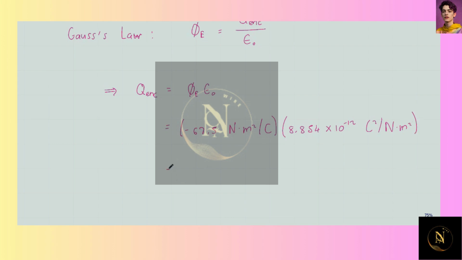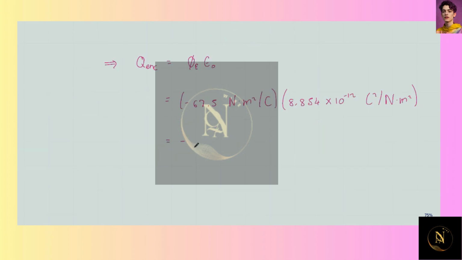And so calculating, we get the enclosed charge in the parallelepiped to be minus 5.98 times 10 to the minus 10 coulombs. So that's our first answer.